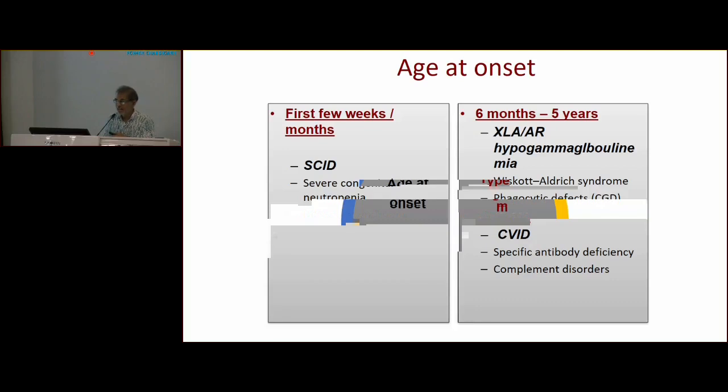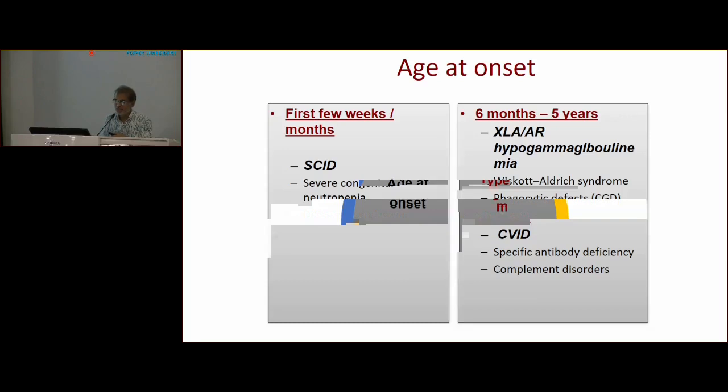Antibody deficiencies like X-linked agammaglobulinemia or autosomal recessive hypogammaglobulinemia typically present after 6 months of age. This is because the maternal immunoglobulins transferred to the fetus transplacentally protect the infant from infections till 6 months. Although this period is variable because the catabolism of the maternal immunoglobulin transferred to the fetus is variable in each fetus.